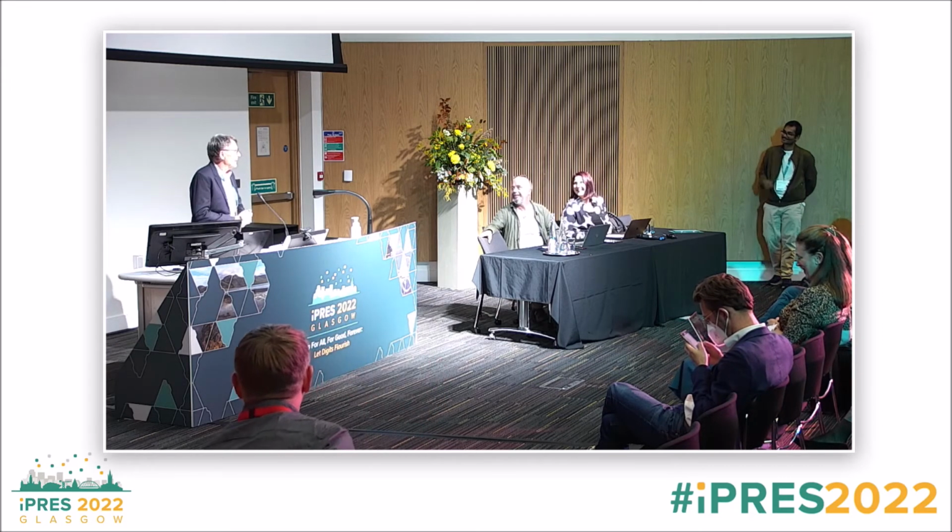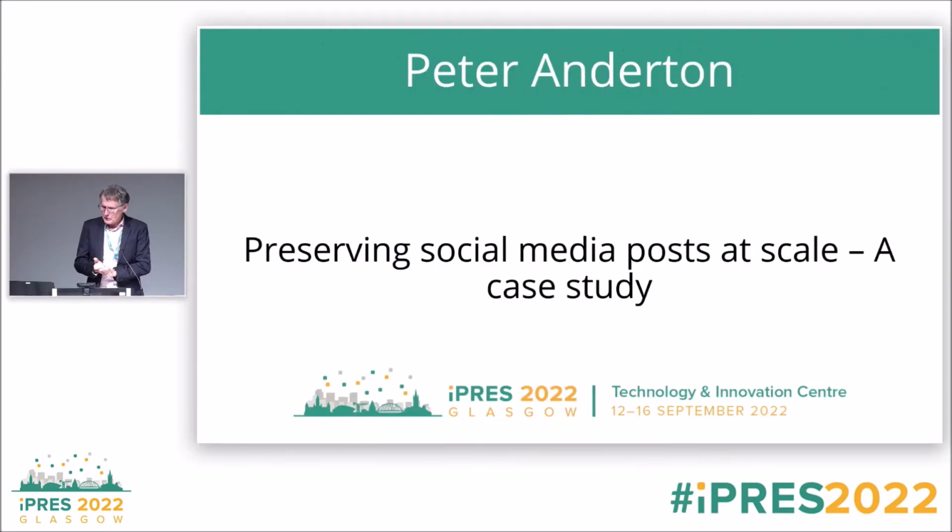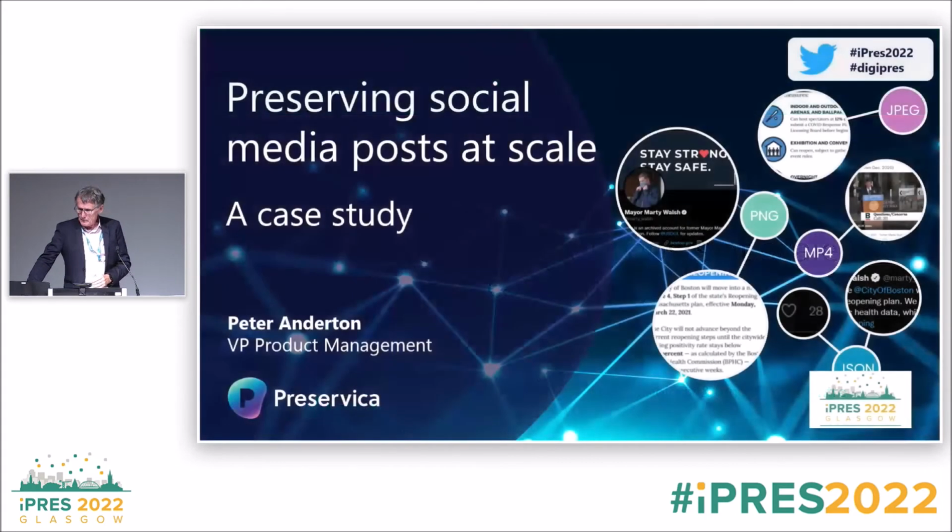The first one, I'm going to be talking about social media. And the second one, I'm going to be talking about social community. Twitter preservation is interesting in two aspects. One is the social aspect, which is it's part of the culture. It's also becoming official records.